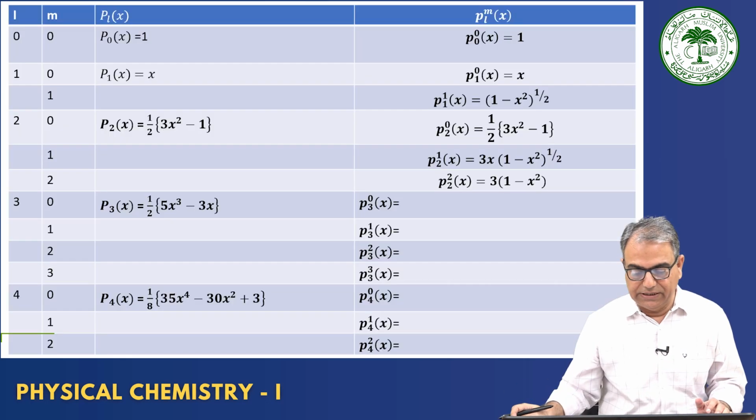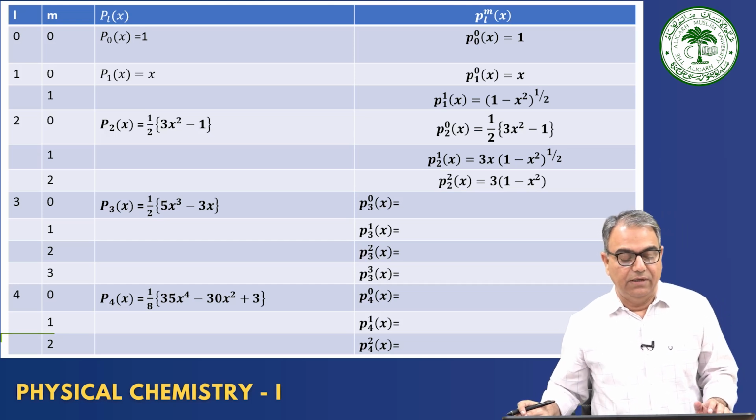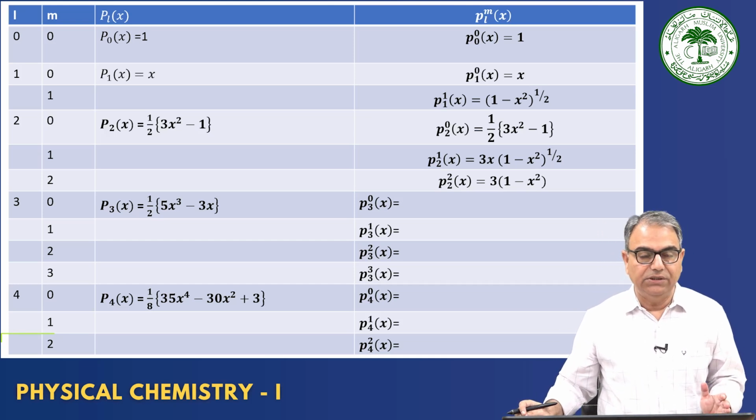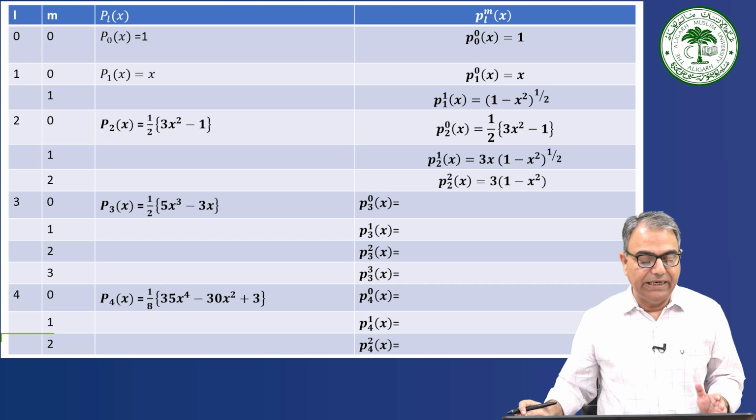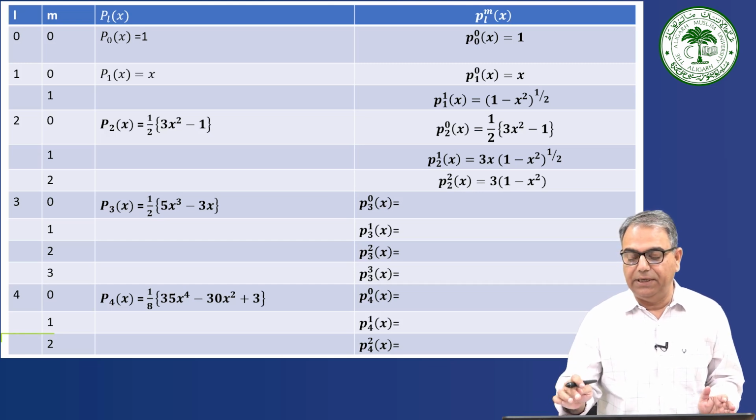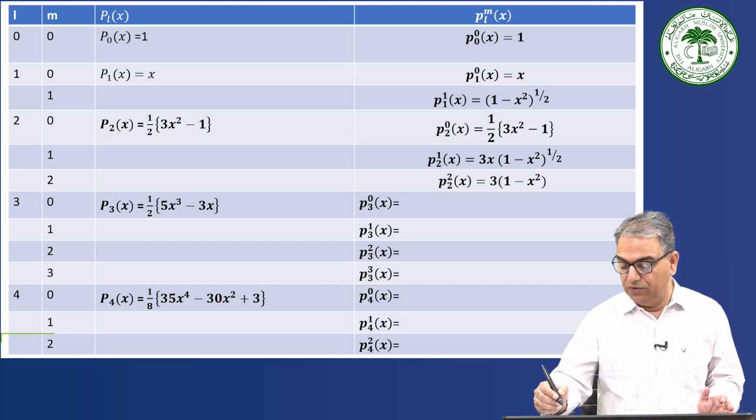You can start doing it, and you can make a table like this one, where the L and M values are the first and second columns, and then I have written the PLx value and PLMx value. All these values I determined. It is there on the board.